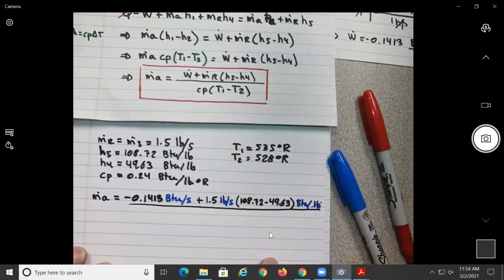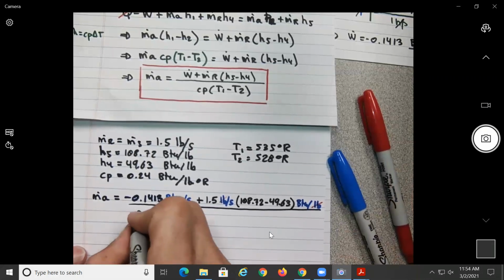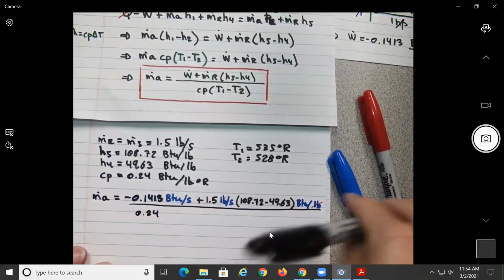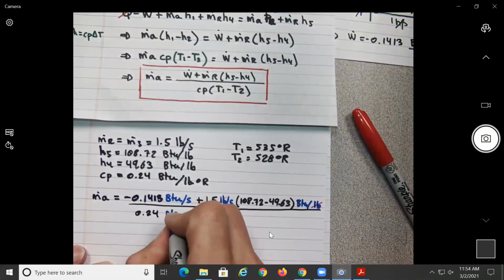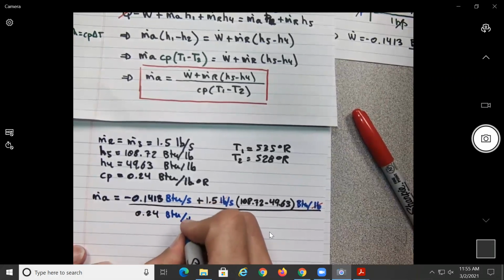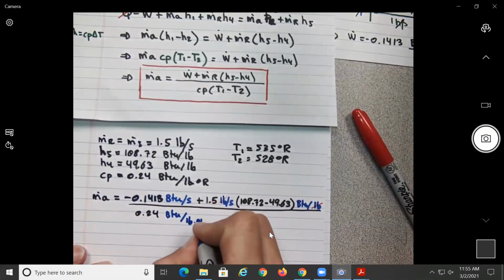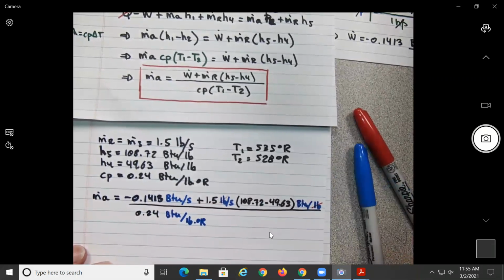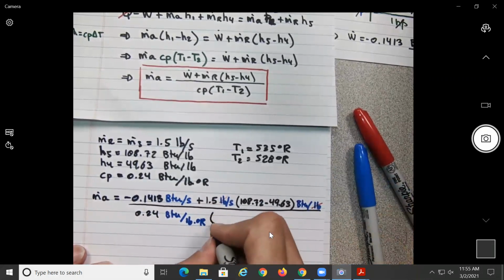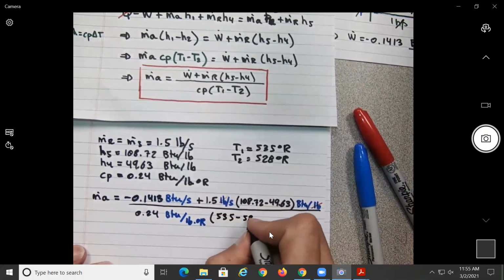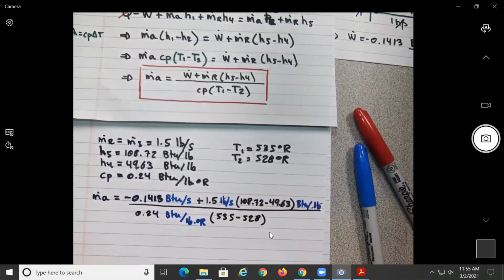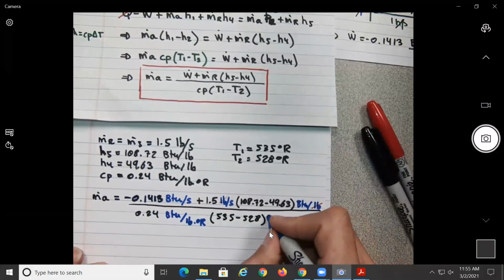All this divided by 0.24 BTUs per pound Rankine times T1 535 minus 528, and this would be Rankines.